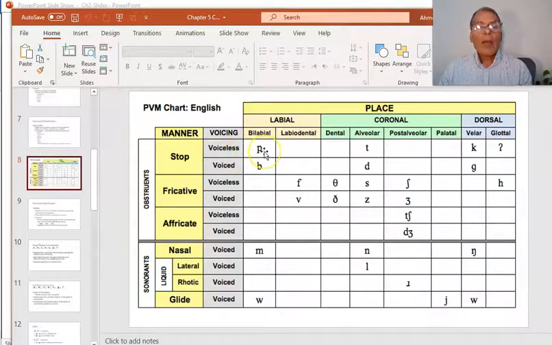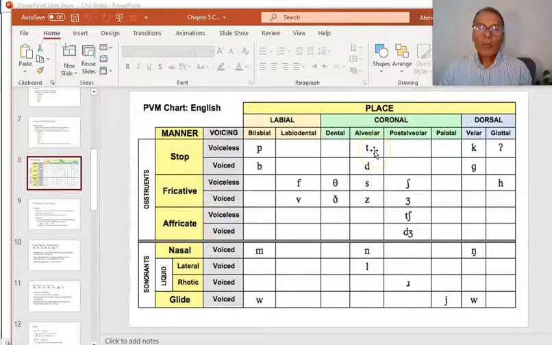Then p is different from the b in the fact that p is voiceless, b is voiced. So now p becomes a voiceless bilabial stop. The b is the same except that it is voiced. Voiced bilabial stop.